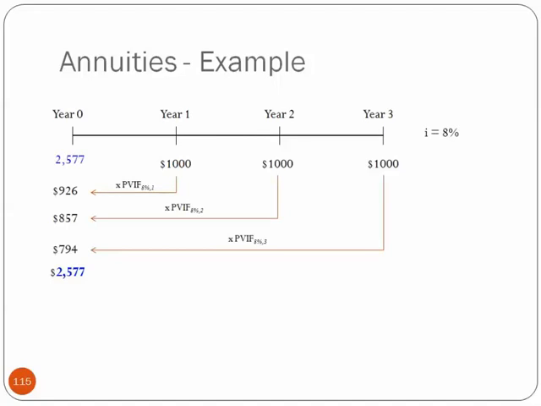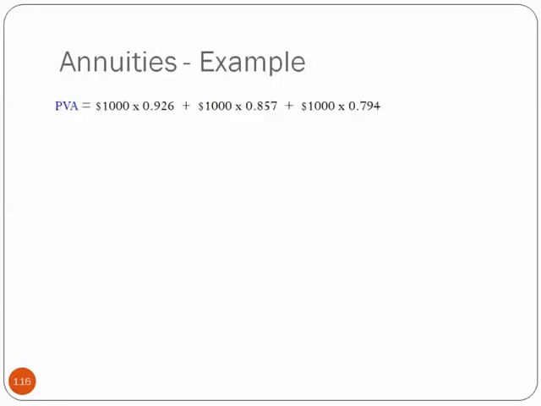You'll see the 0.926, 0.857, and 0.794 in these horizontal lines. And that's all this is, $1,000 times 0.926 plus $1,000 times 0.857, etc. And this reduces to 2577, which is what we had seen in the previous slide.